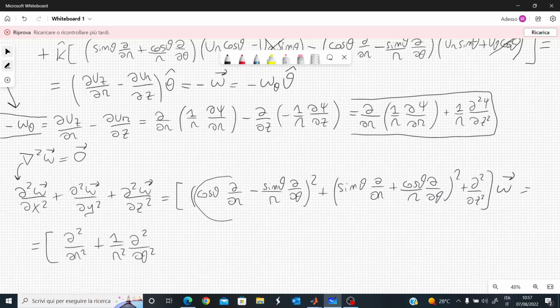So when this one acts on this, and also when this one acts on this, you will get minus cosine theta sine theta over r d squared dr d theta, and then you will also have plus 1 over r squared cosine theta sine theta d over d theta.